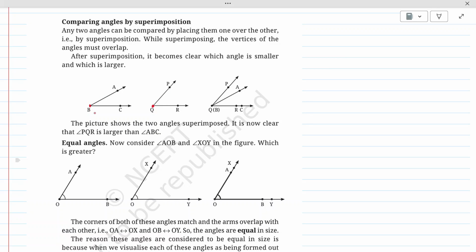We have to place B and Q on top of each other. So in the third figure, it is very well shown that angle ABC and angle PQR have been drawn in one same figure where this B and this Q are on the same point.